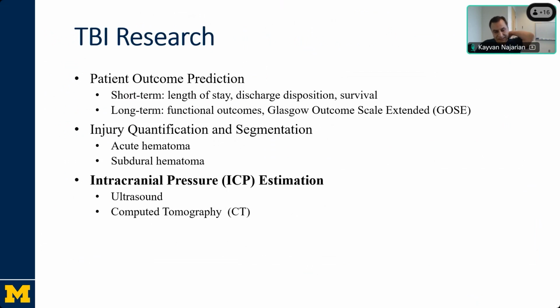So now the next topic that I want to talk about is what we did in injury quantification, and segmentation will play into this part, which is assessment of an estimation of intracranial pressure.